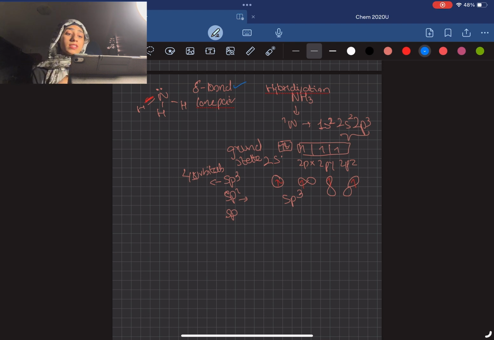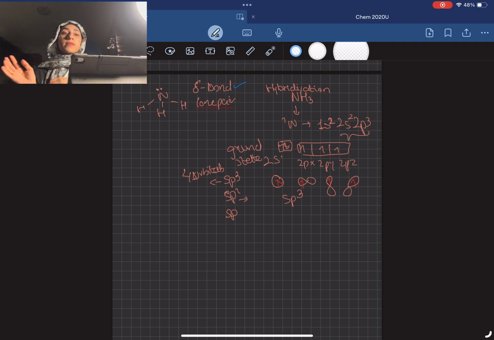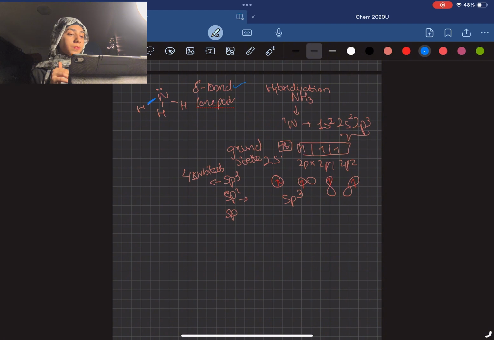So what's a sigma bond? A sigma bond is the first bond an atom makes with another atom. Here, this is 1 sigma bond, this is another sigma bond, this is another sigma bond, because each of these bonds is made with another hydrogen. So 1 sigma bond, 2 sigma bonds, and 3 sigma bonds.